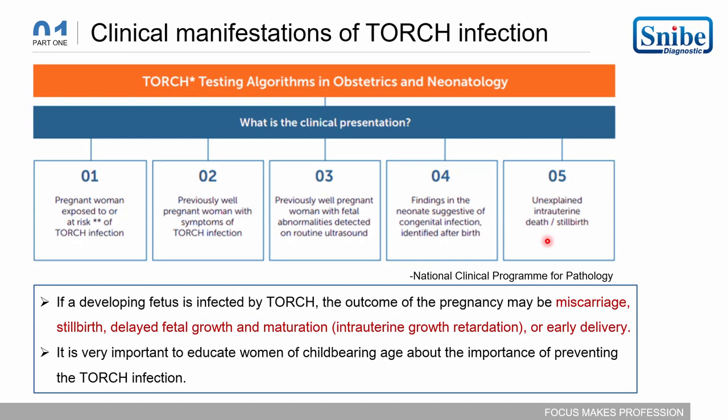If a developing fetus has a positive history of TORCH infection, the outcome of pregnancy may include miscarriage, stillbirth, fetal growth abnormalities and maturation issues, intrauterine growth retardation, or in some cases early delivery.